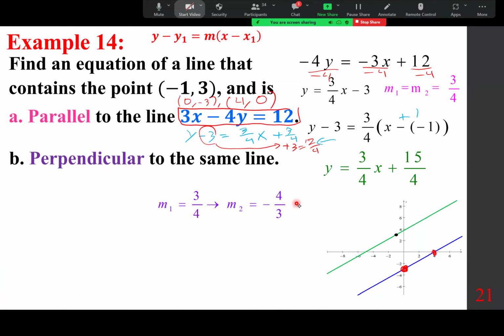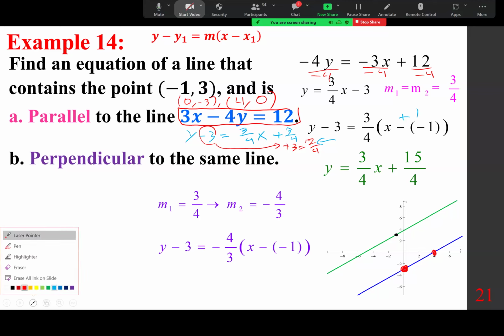So y minus y1, that means y minus 3 equals m. Now this m, -4/3 times x minus -1. And this is +1.